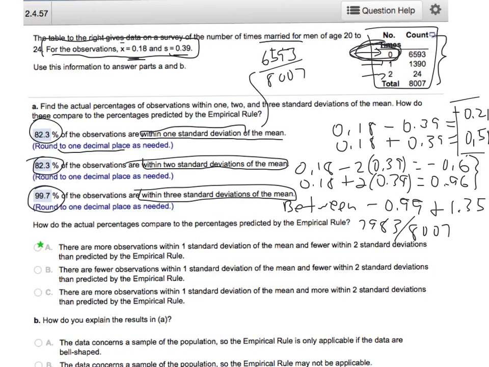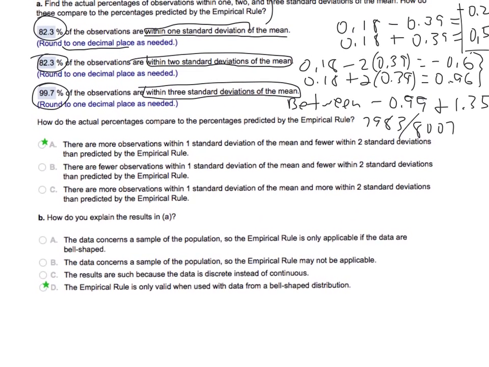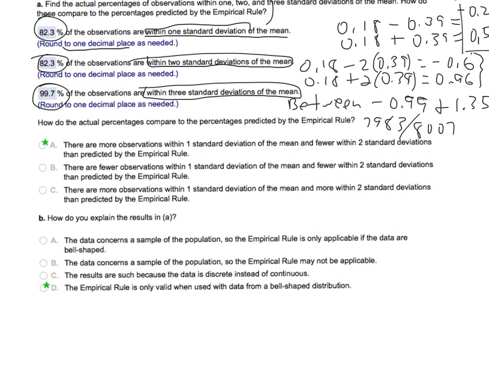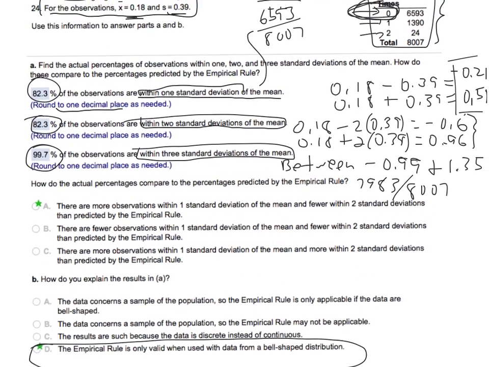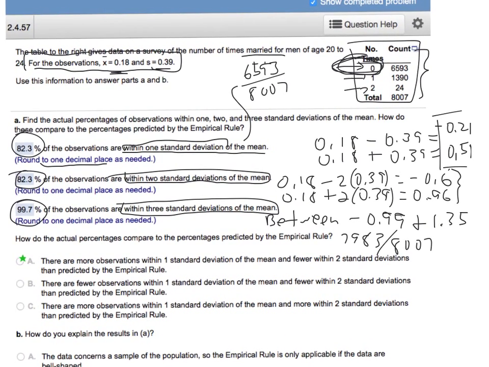the data is not consistent with the empirical rule is because it's very important that the empirical rule only applies when the data is in a nice bell-shaped distribution. If you were to draw a histogram or a dot plot or something of this data, probably a dot plot's going to take forever with 8,000 points, but if we drew a picture of this, it actually doesn't look remotely bell-shaped.